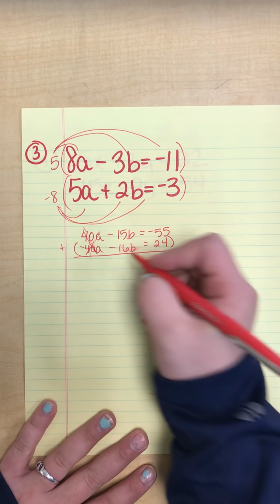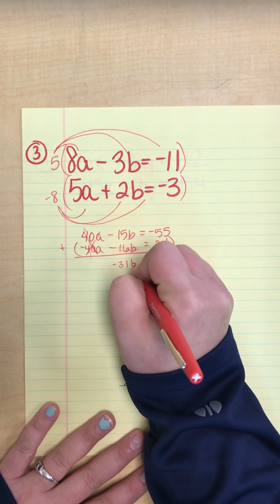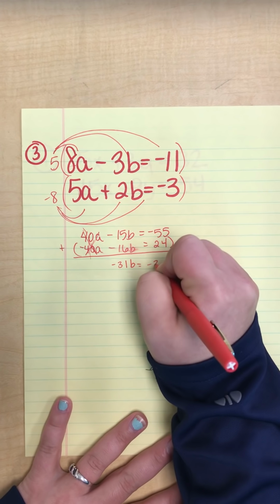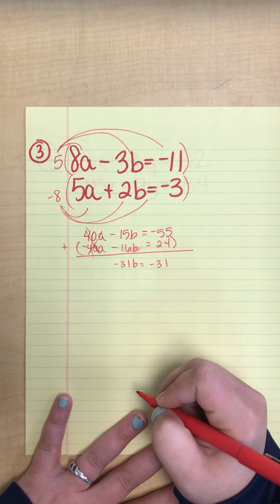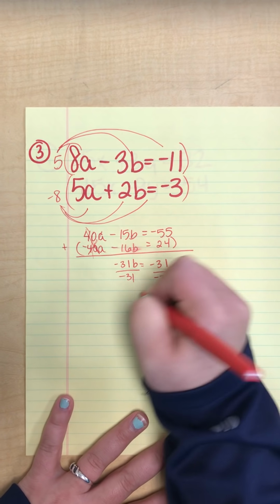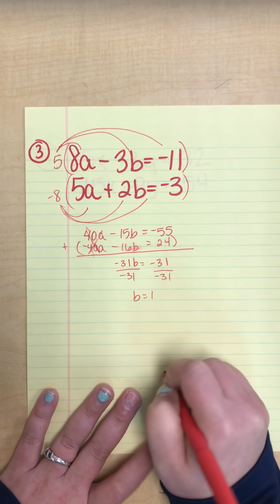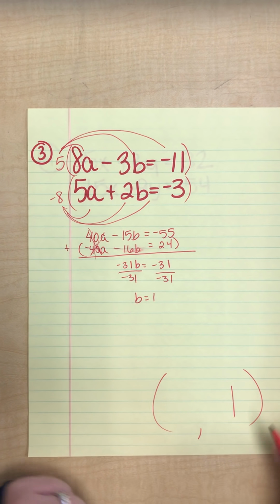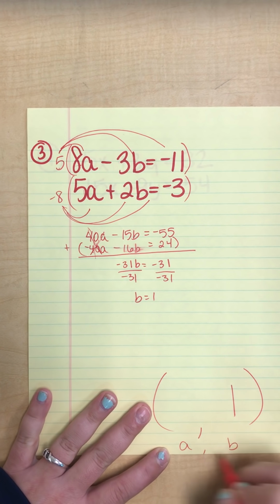Okay, negative 15 and negative 16 gives me negative 31b. Negative 55 plus 24 gives me negative 31 as well. So when I divide by negative 31 on both sides, I get b equals a positive 1. So b comes second in the alphabet, so I'm just going to do a comma b here.